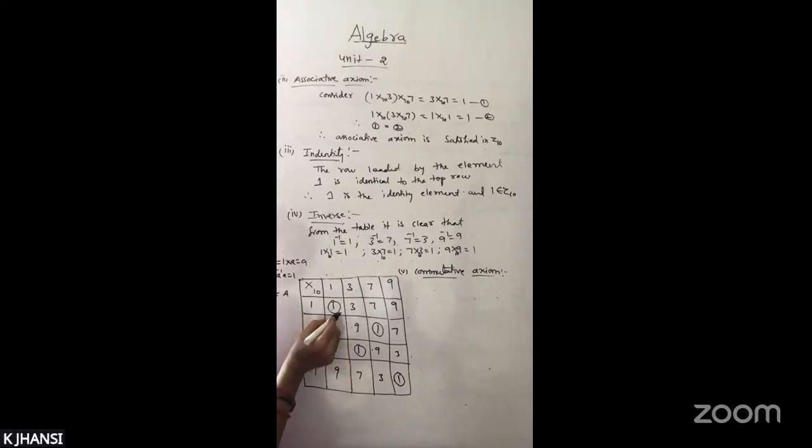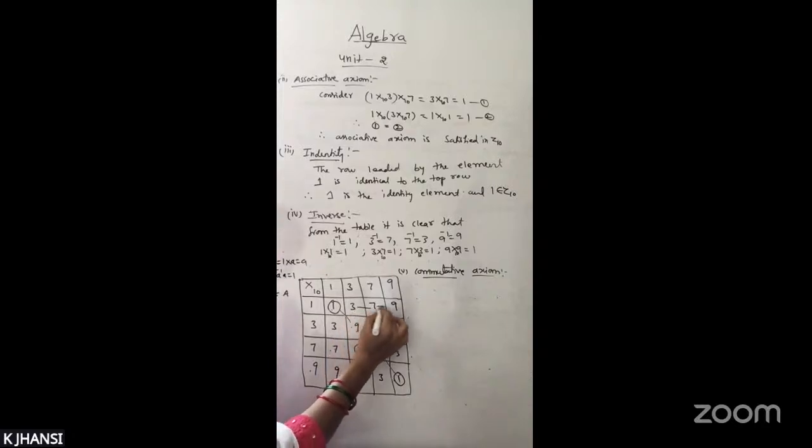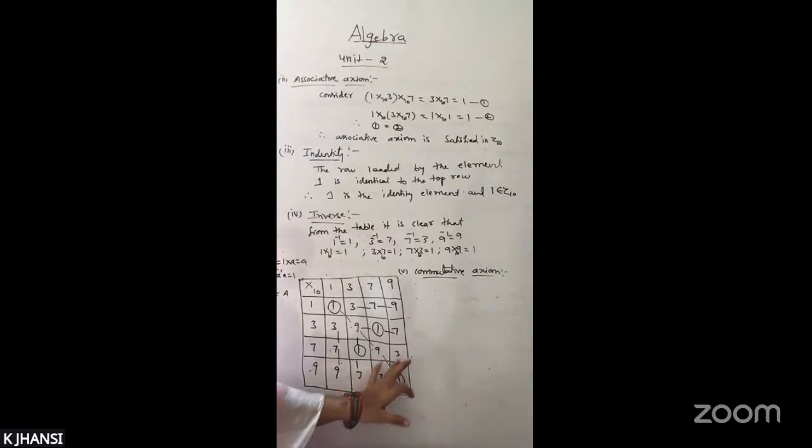Like this you can tell: 1, 9, 9, and here we have 3, 7, 9, here also 3, 7, 9. Here 9, 1, 7, here also 9, 1, 7. Here 3 and 3, and also 1 and 1.